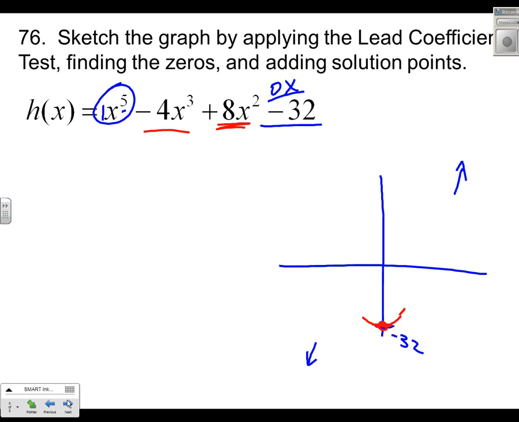So zeros, if we set this thing equal to 0, well, it's not quadratic in nature. It's 4 terms. And if we have 4 terms, our best chance of finding rational zeros is to go ahead and factor by grouping if we can. So I note, I can take out an x to the third. So I get x squared minus 4.